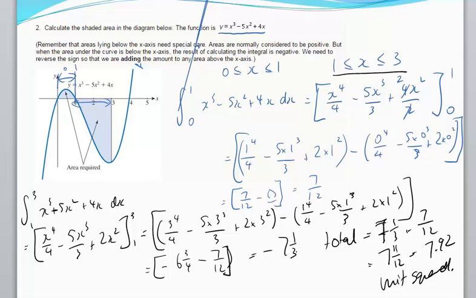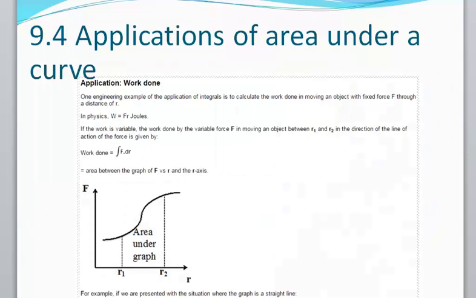So now we're going to be looking at applications of area under a curve. One of the applications that we have in engineering is work done. Here we calculate the work done in moving an object with a fixed force F through a distance of r. In physics, our work is equal to our force times our distance r joules.